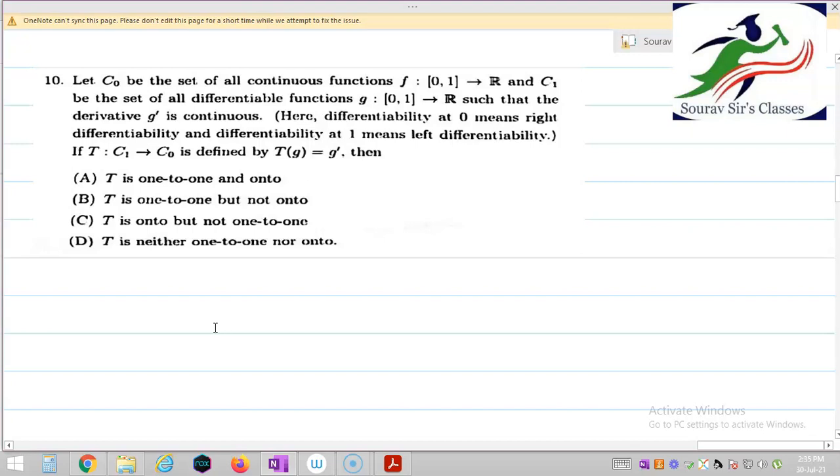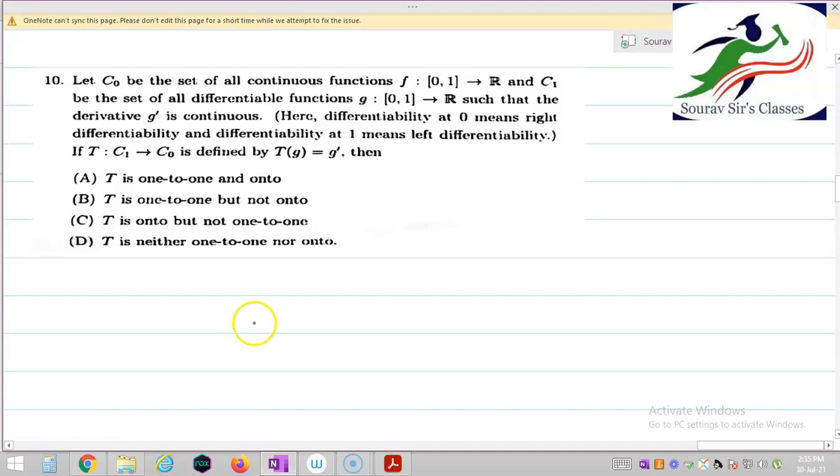If T from C1 to C0 is defined by T of g is equal to g dash, then we have to find out the correct option. T is 1-1, T is onto, and what is the correct option?